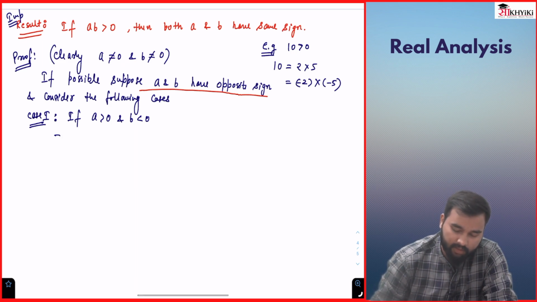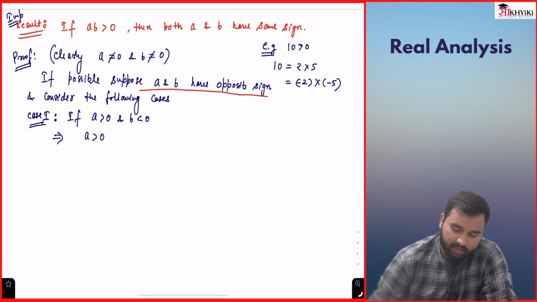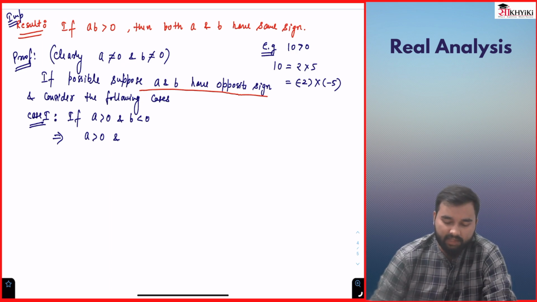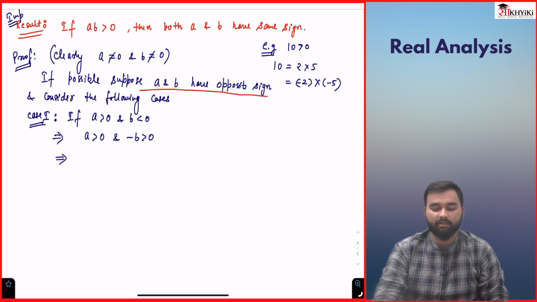So in the first case, if A is greater than 0 and B is less than 0, then A must be greater than 0, and since B is less than 0, this implies B is a negative real number, then negative of B must be a positive real number. Yes. And now A and negative of B are positive real numbers, right?